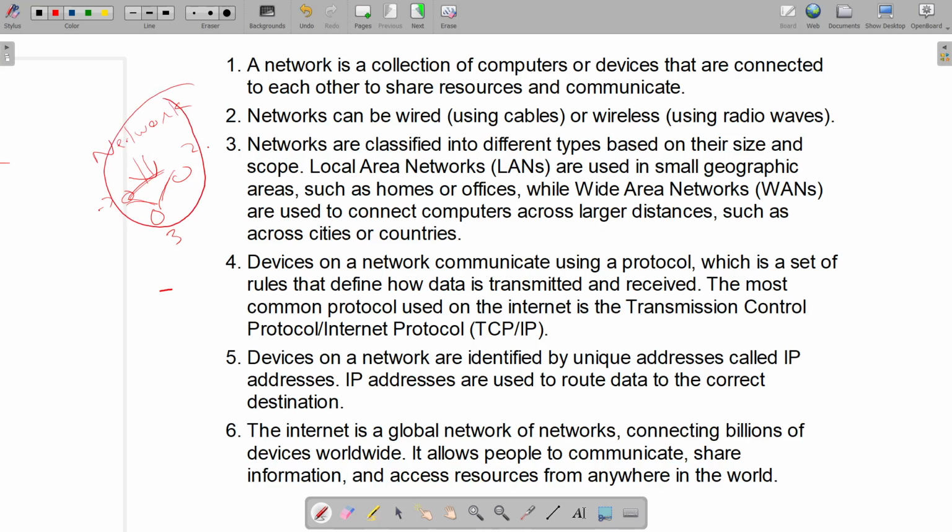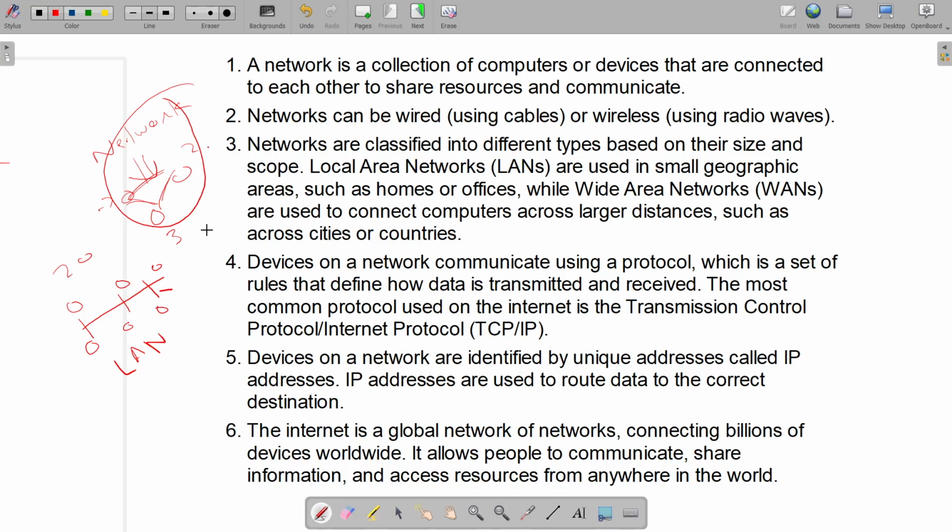Now networks can be classified on their size. Well, if you have some devices, for example you have 20 devices in your organization, it is connected through a system, and that is known as LAN, because it is local area network and you don't require too many hosts to connect it.